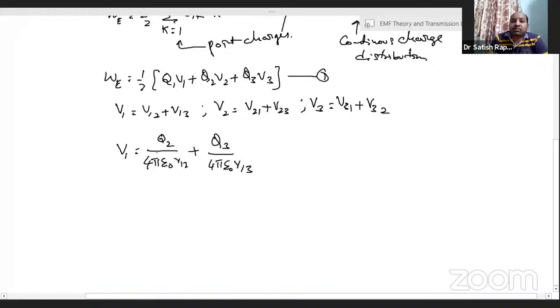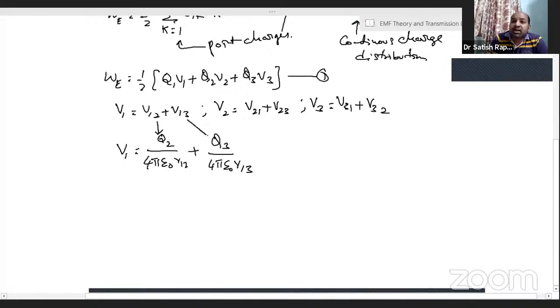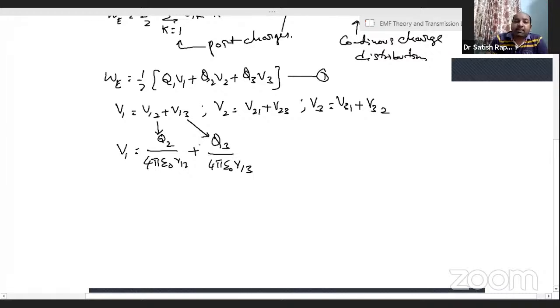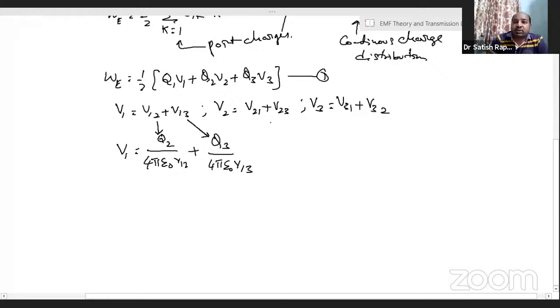Here v12 is the potential at point p1 with respect to q2, and similarly v13 is the potential at point p1 with respect to q3.